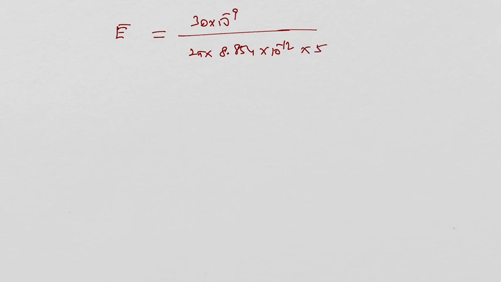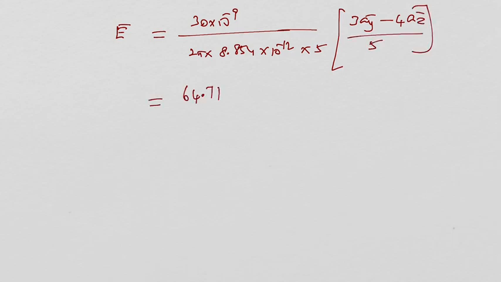It is equal to 30 into 10 power minus 9 divided by 2 pi into 8.854 into 10 power minus 12 multiplied by 5, the magnitude of the distance, times 3ay minus 4az over 5. So you have to find out this is, say for example, 64.71 ay minus 86.28 az. Did you notice one thing? It does not have any component along x-axis, right? All right. Thank you.